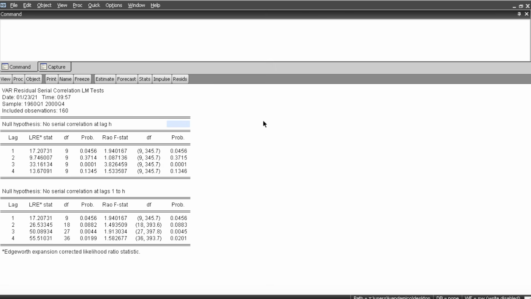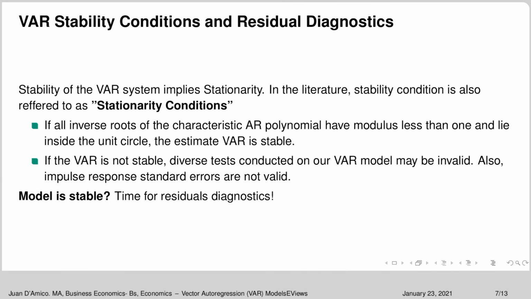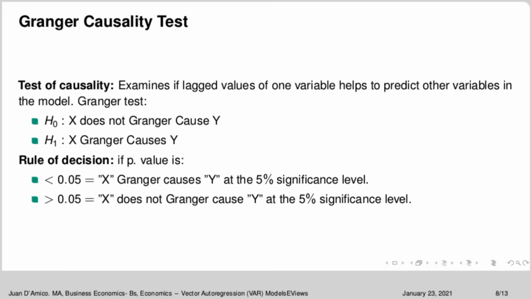So now let's go back to our slides. We have decided that our model is stable and that there is no autocorrelation at the selected lag. So that's a good thing in our model. Now we can take a look at the Granger causality test.